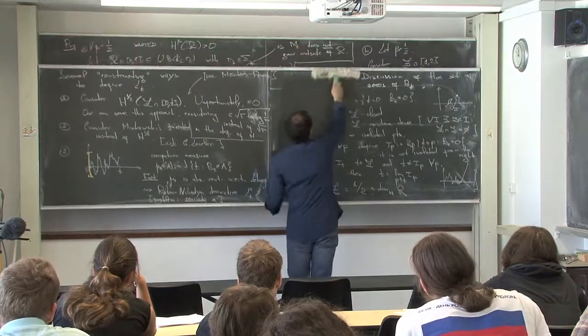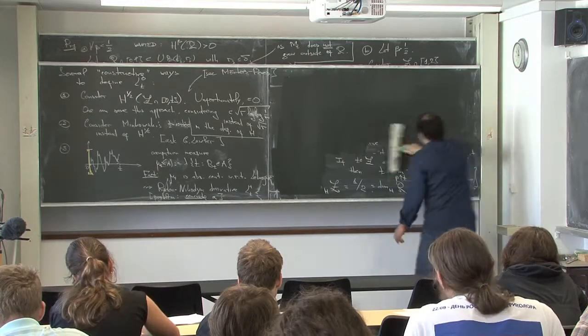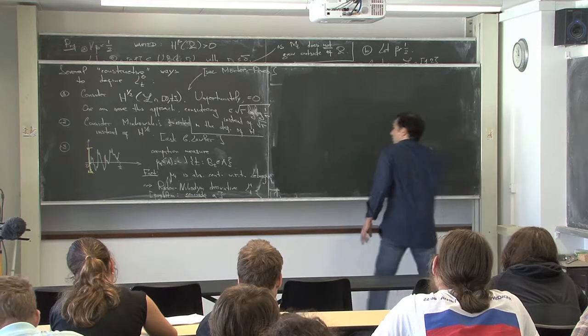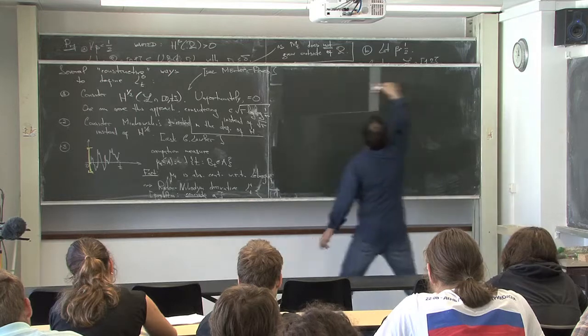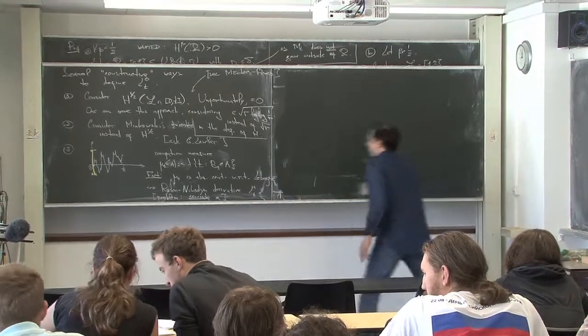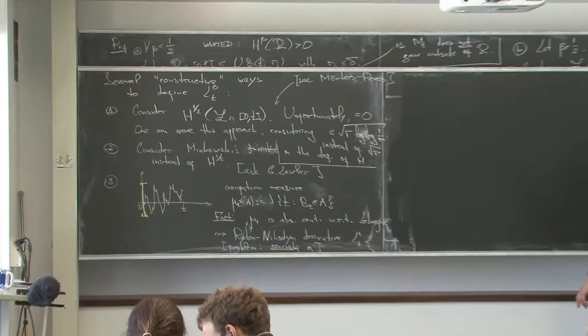And then the last, and historically the first way to construct it, as far as I understand, is what I already mentioned, just another 3 minutes: to count some crossings of intervals near 0.